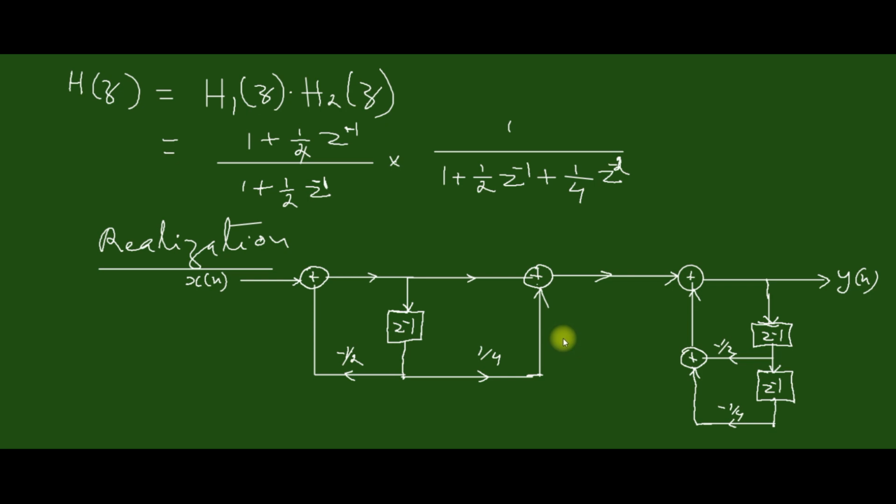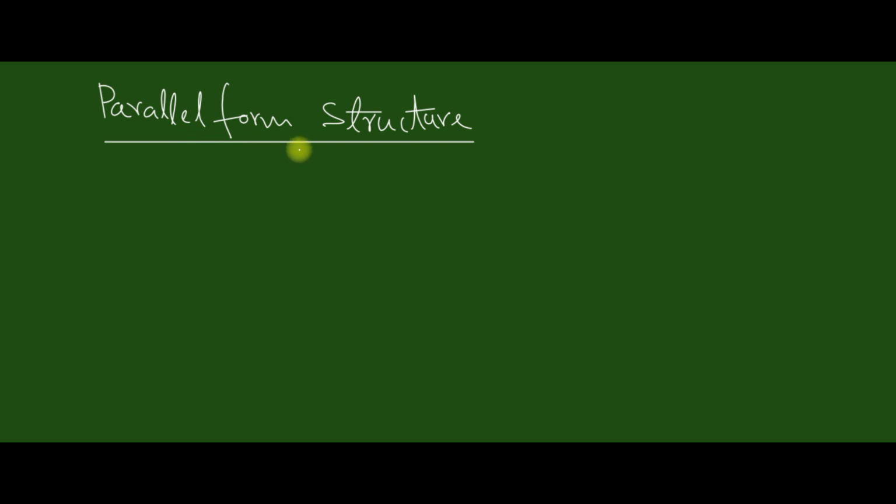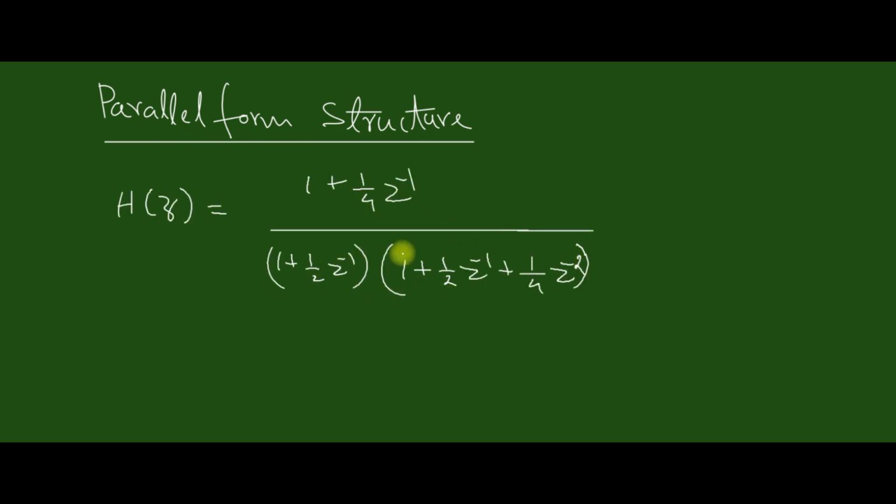Next we can realize the parallel form structure. H of z is given by this expression. Now we want to decompose it into H1 of z plus H2 of z. For that we can apply the partial fraction expansion method. Here this second order system cannot be factorized with real values, so we keep it as it is.